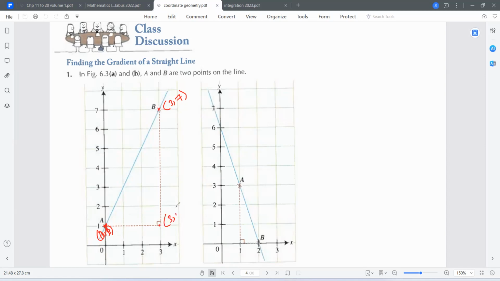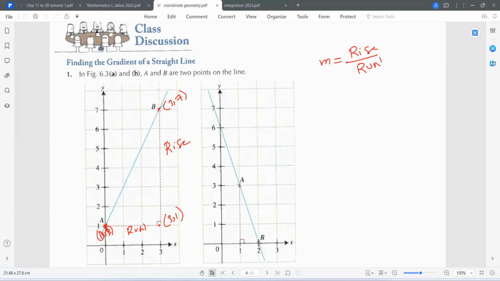This is 3 comma 1, and I already told you slope means rise per unit run. Gradient and slope are a similar thing, so you may say rise per unit run. Now, this is really interesting.